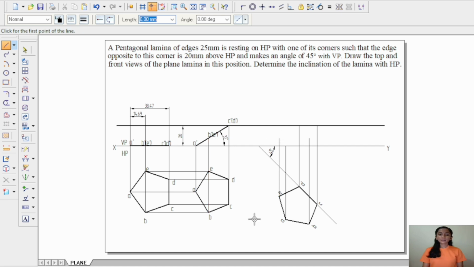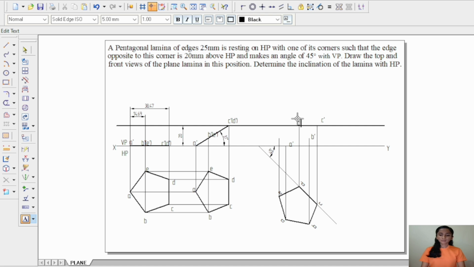Now using text command, let's name the points. This is our A dash and B dash, C dash, D dash, and this is E dash.